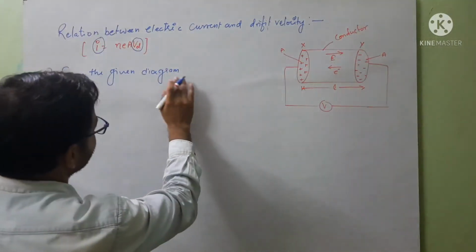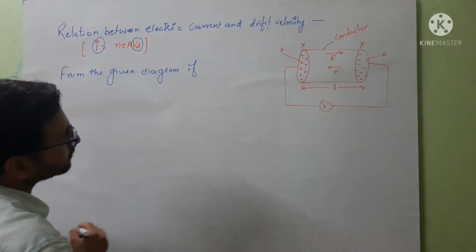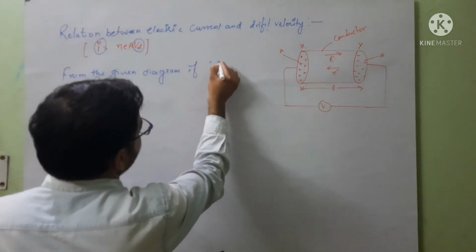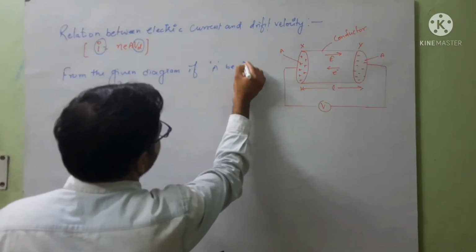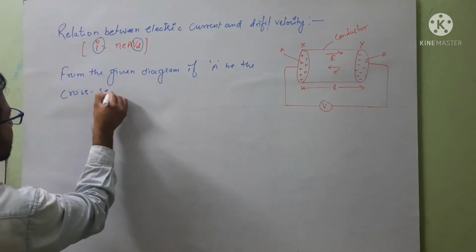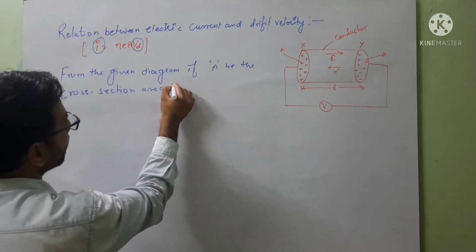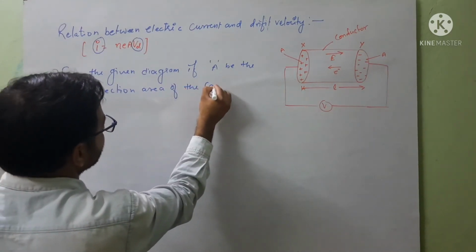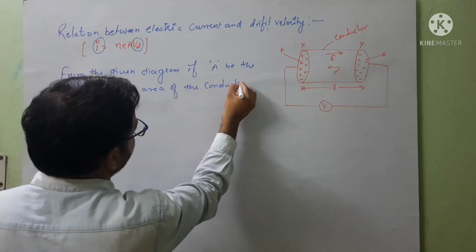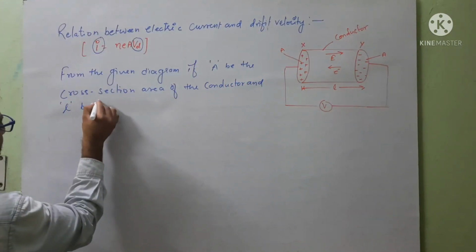So from the given diagram, if A be the cross-section area of the conductor, and small l be its length.